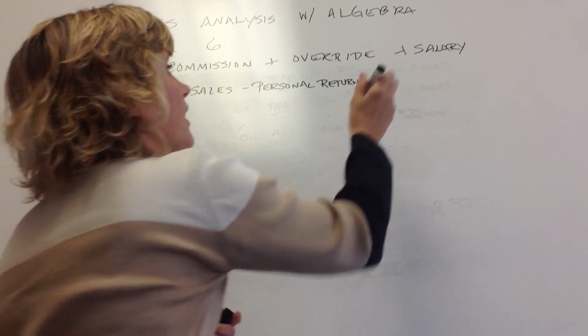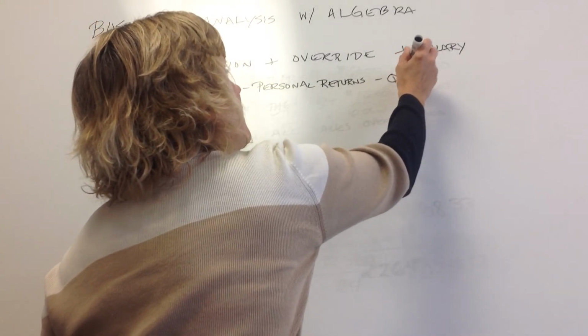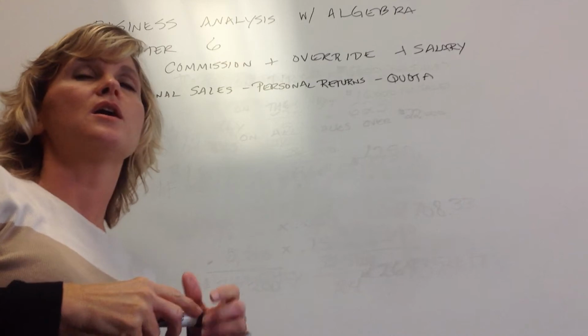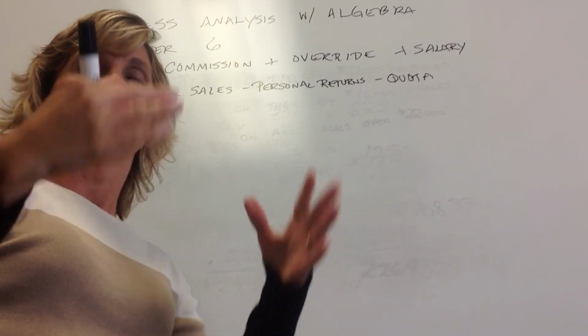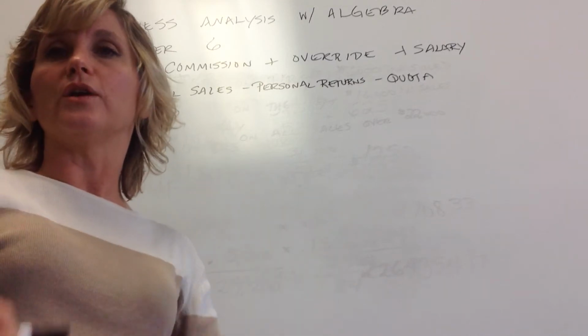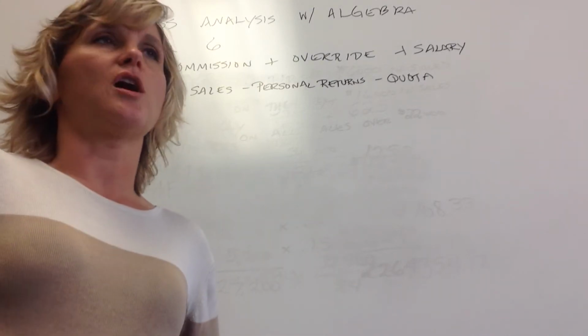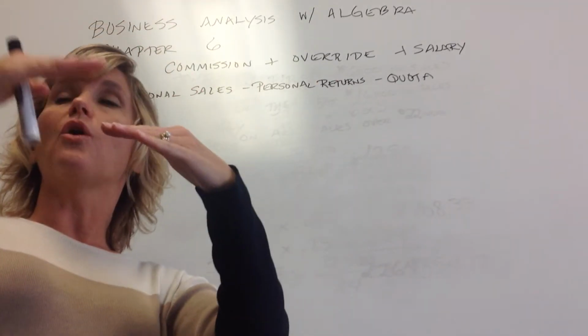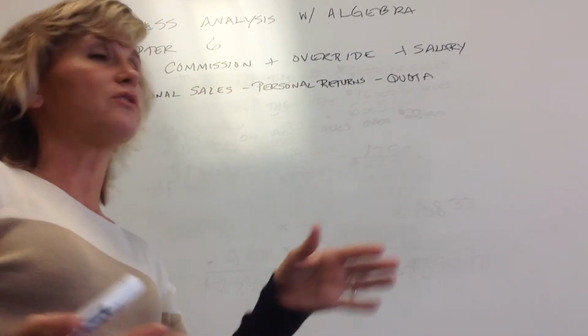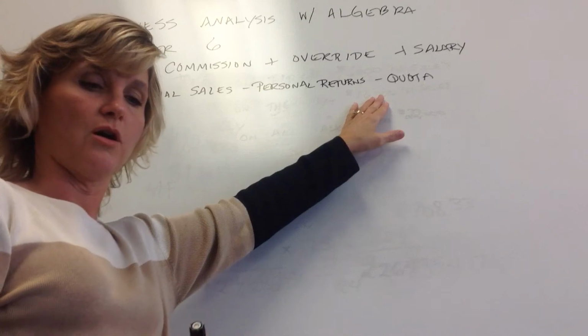And then you'll also have a quota. You may not always have a quota, but in this problem that's on your test, you have a quota. And that quota is saying that those are going to be just base level sales that they expect of any employee who's working in that shop or that store. So then you only get paid commission above and beyond that quota. So for us to calculate it, we'll end up subtracting the quota off.